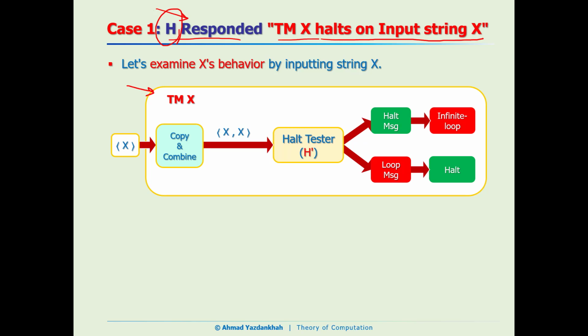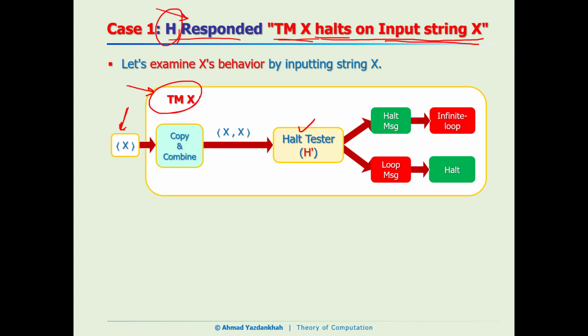Just focus on this, that H responded this. And H is equivalent to H prime, right? If H responded that Turing machine X halts on input string X, we put X here, actually the definition of the X, or the encoded version of the X. The X is this guy, right? It's a Turing machine and we can encode it. We put the encoded string here and let's see what would happen.